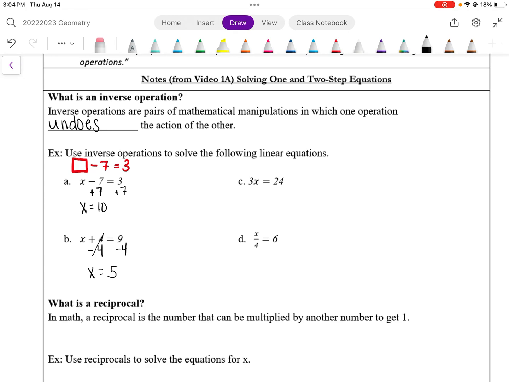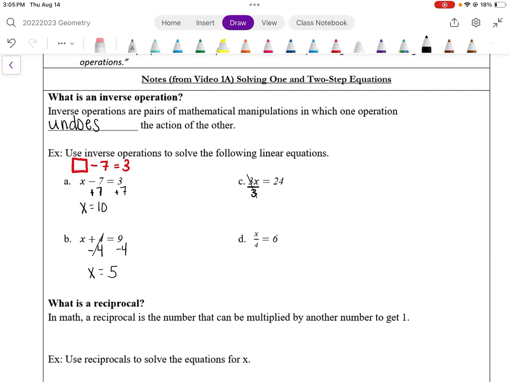Now, example C. 3x equals 24. Now hopefully remember this. If you just see a number out in front of a variable, that means multiplication. So if we see 3x, that means 3 times whatever x is. So the opposite of multiplication would be to divide. That little fraction bar is the same thing as division.